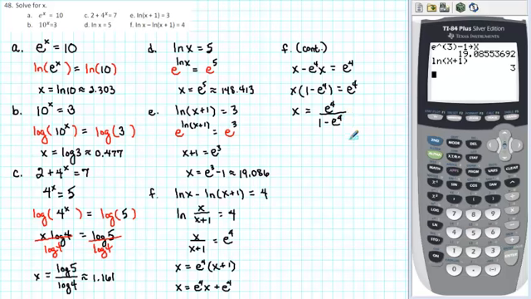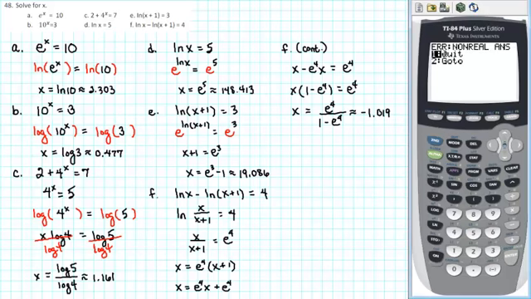So we go ahead and check our solution just like we've done in the past. And we see that our solution is approximately negative 1.019. We go back to our original equation and evaluate the left-hand side to see if it is equal to the right-hand side, 4.